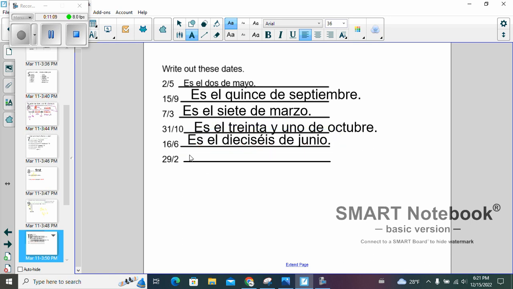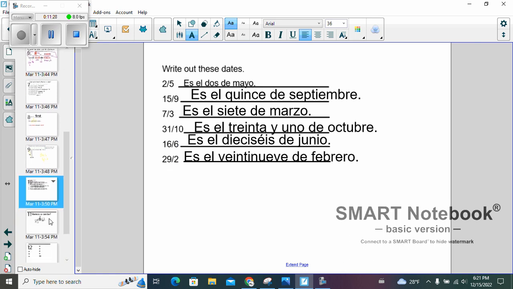And then finally we have the 29th of February, or es el 29. Now you might have to look back if you don't remember how to spell all the numbers, and make sure that you get them correct with your numbers packet as you're working on the dates.